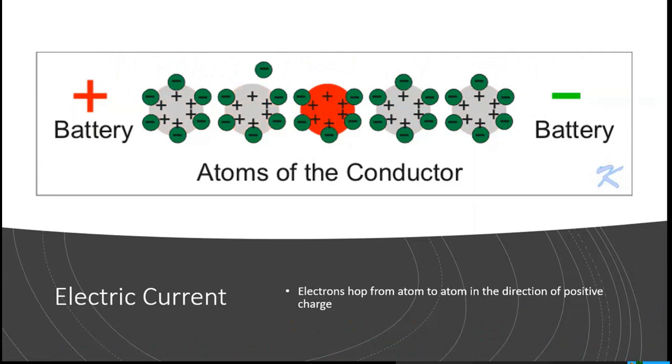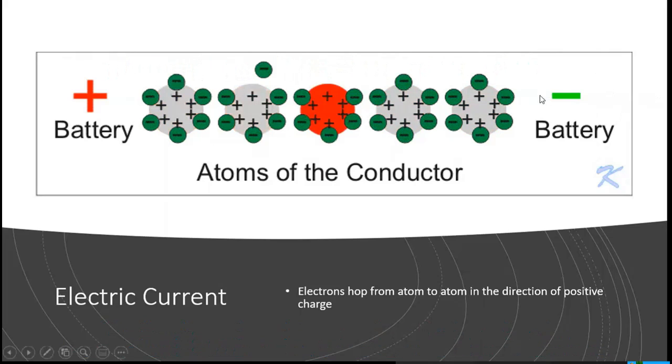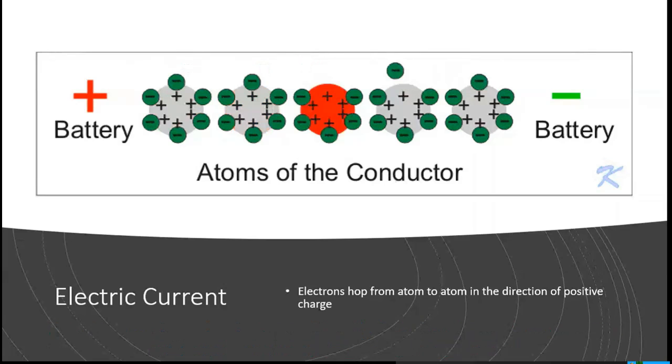You literally grab a wire, put a piece of wire to the plus, the other end of the wire to the minus, and this is what happens. Okay? So what you have is electrons literally hopping from atom to atom, but they all move in the direction of the plus.